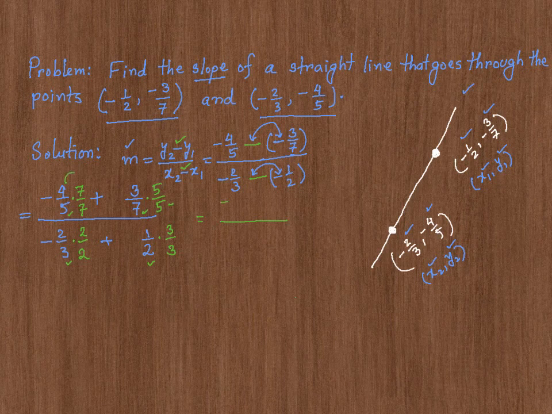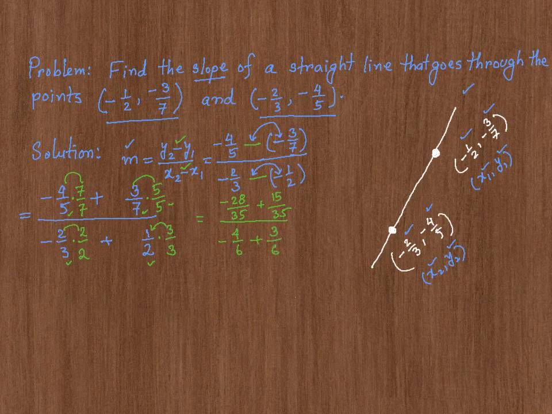Negative 4 times 7 is 28, negative 28 over 35, then plus 3 times 5 is 15, which is 15 over 35. Similarly, in the denominator, 2 times 2 is 4, then negative in front, negative 4 over 6, plus 3 times 1 is 3, which is 3 over 6.